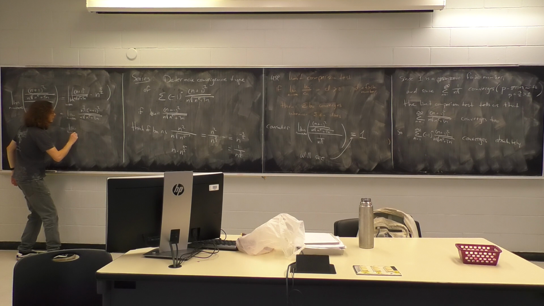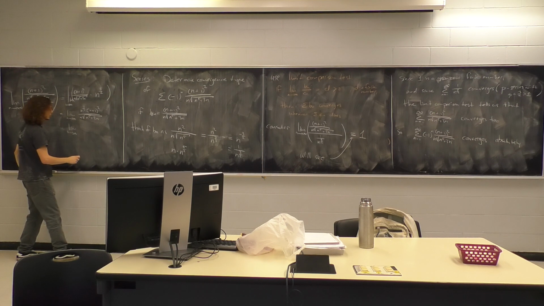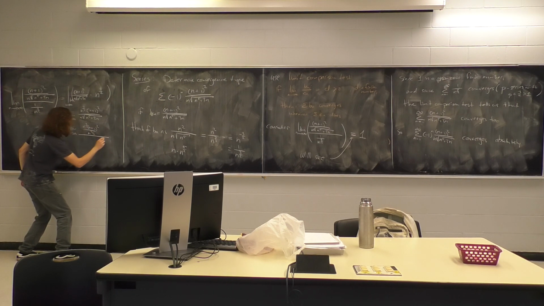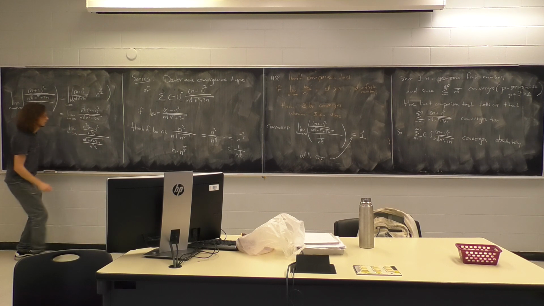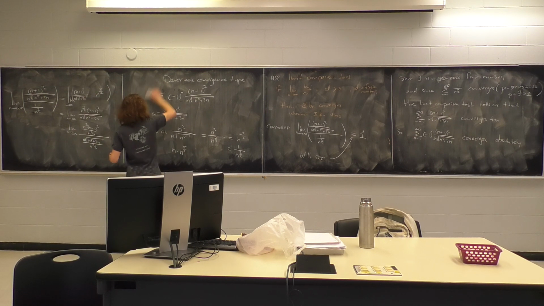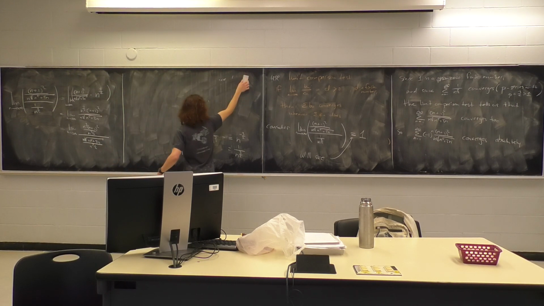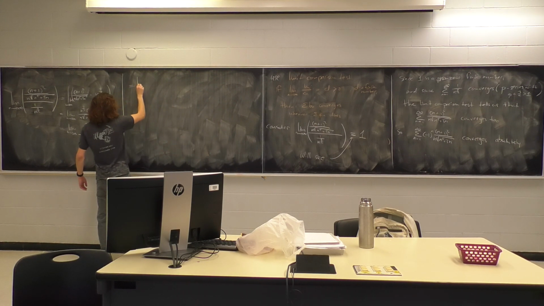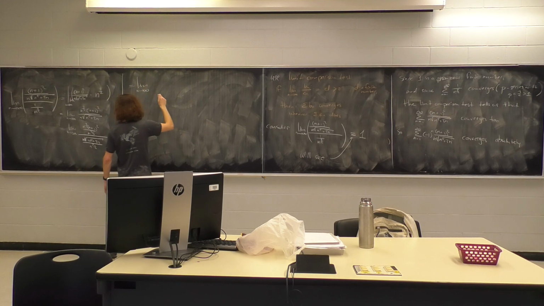Long story short, I'll divide top and bottom by n to the power 7/2. The limit as n goes to infinity of n to the power 3/2 times (n+1)^2 over n to the power 7/2, divided by n√(n^5) + 3n over n to the power 7/2.